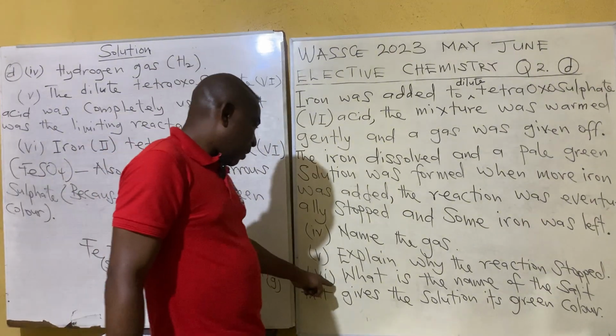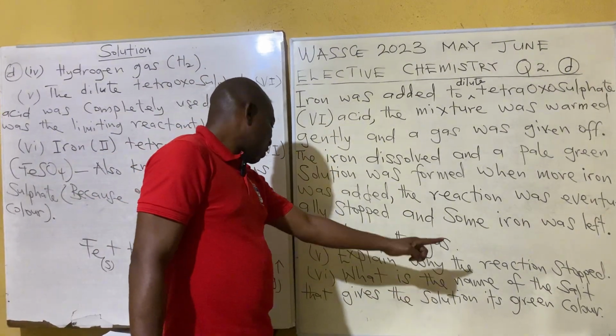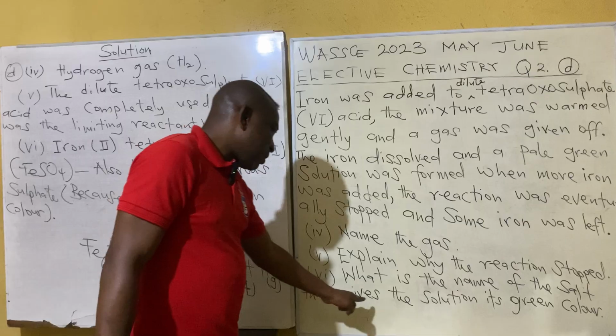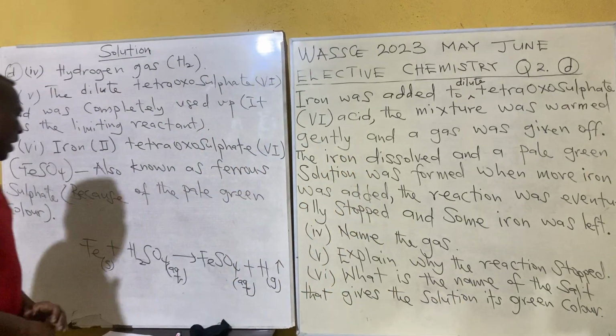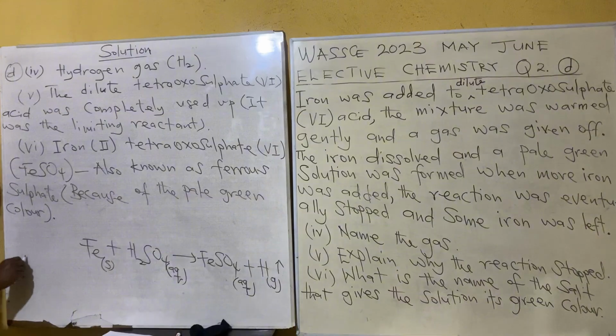Now, VI, what is the name of the salt that gives the solution its green color? Now, iron exhibits more than one oxidation state. It has +2 oxidation state, and at times it uses +3 oxidation state.